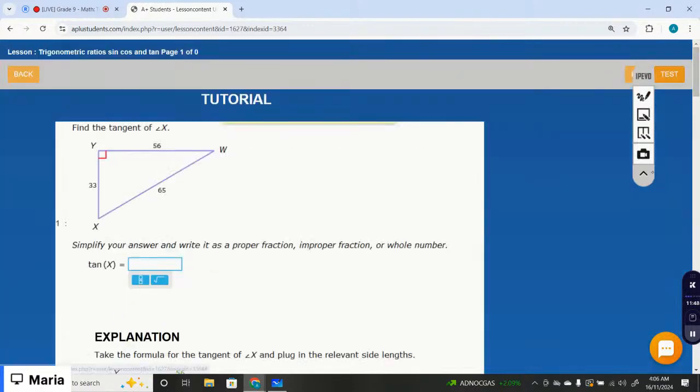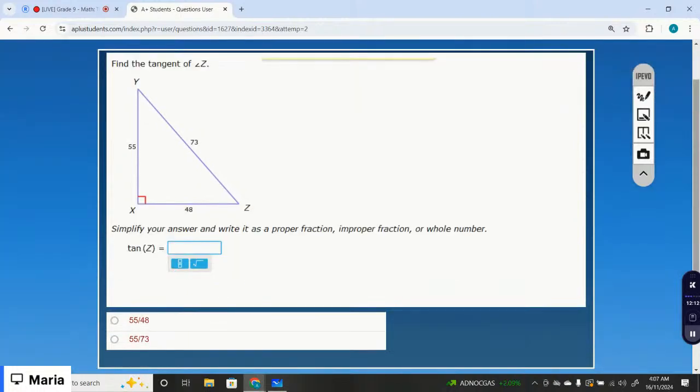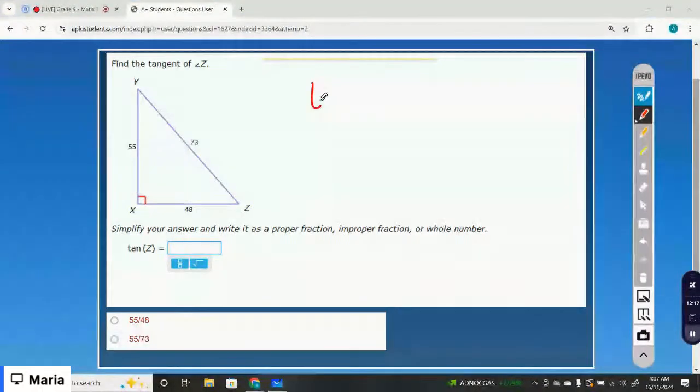Let's just start with the test questions. Let's see trig ratios. Find the tangent of angle Z. So tangent of angle Z is opposite divided by adjacent.